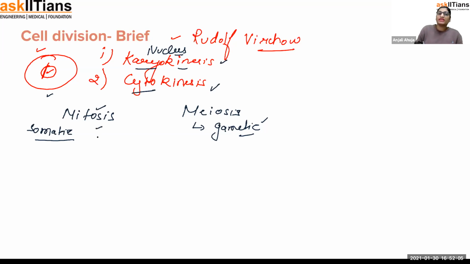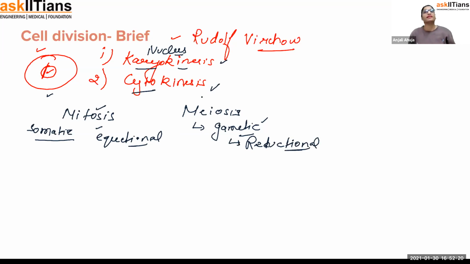Now, let me tell you one thing. Mitosis is an equational division, and meiosis is a reductional division. Now let's understand the meaning of it. Equational means the chromosome number remains the same. Suppose a cell has 2n chromosomes, it will be 2n after the division. 2n means a double pair.